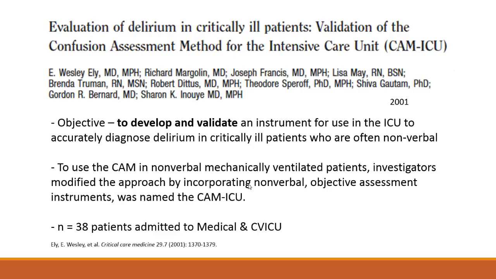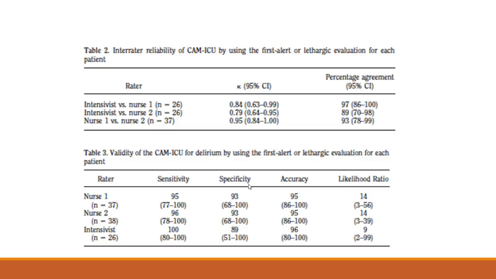And they took all of those assessments, and the subset of patients that they evaluated here were all comers into the ICU over a 3-month period. And so what you find here is very high sensitivity, specificity, and inter-rater reliability across the nurses, the intensivists, and comparing those to, again, the standard of the geriatric psychiatrist. So this was sort of the first study that showed that this was validated in the ICU setting.